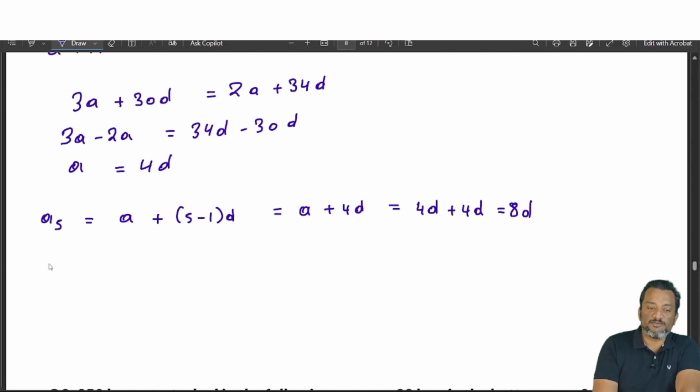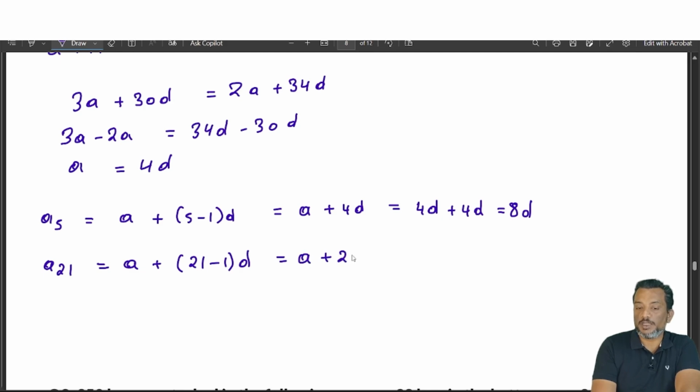Same here, A21 term is equal to A plus 21 minus 1 times D. So you will get A plus 20D. Now again in place of A, we will substitute the 4D because both are equal. So 4D plus 20D is equal to how much? 24D.